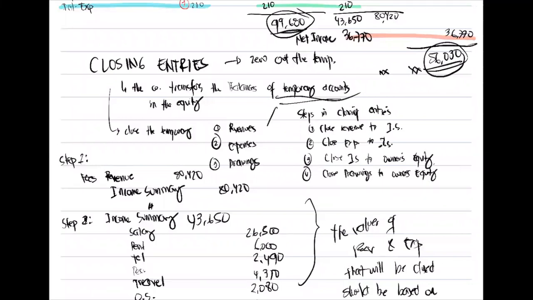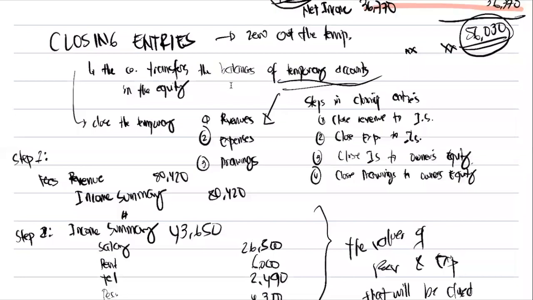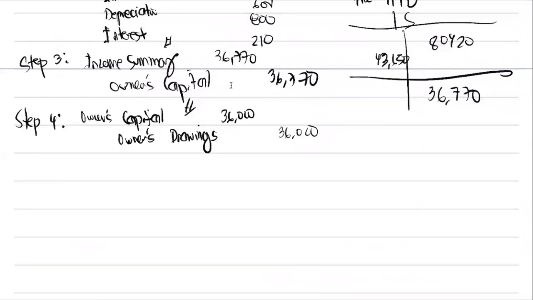And what are the temporary accounts? You have your revenues, expenses, and your drawings. Okay? And after that, you can already prepare a post-closing trial balance. How do we prepare your post-closing trial balance again? Your post-closing trial balance will only list the permanent accounts.